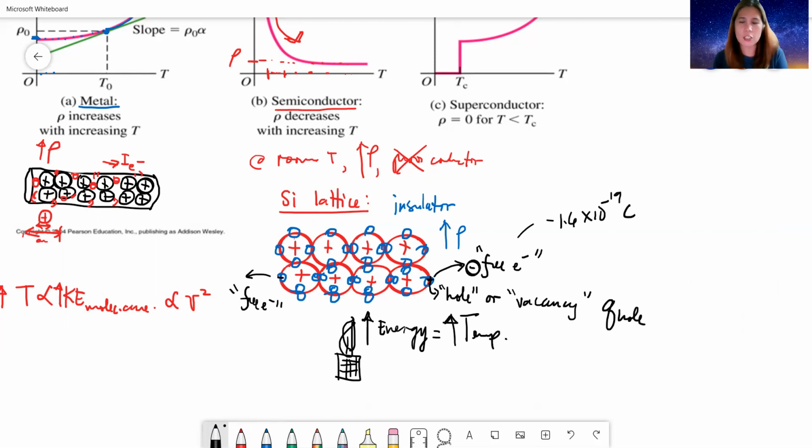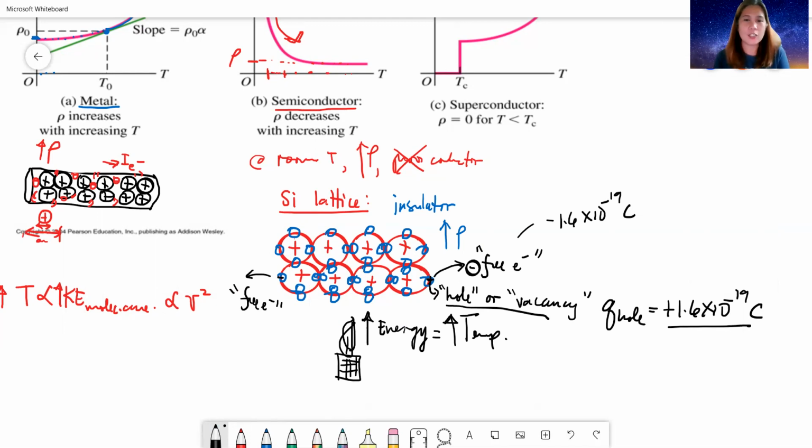Ang charge ng hole ngayon will be positive 1.6. It's as if equal siya ng charge ng proton. Pero ang difference ng hole from proton is that a hole has no mass because it's just a vacancy in your silicon lattice, whereas proton is really a particle. No? But what's common between them is they both have equal charges.